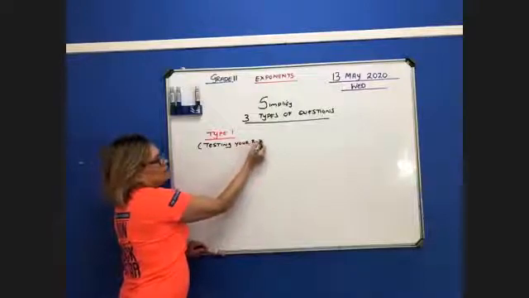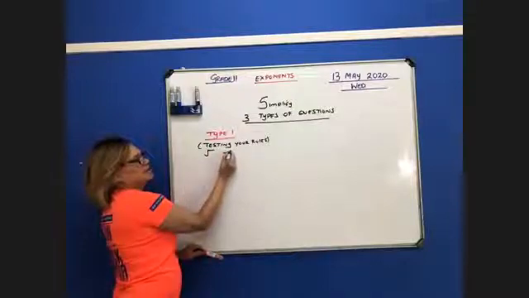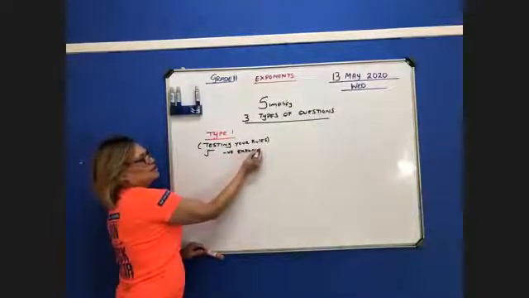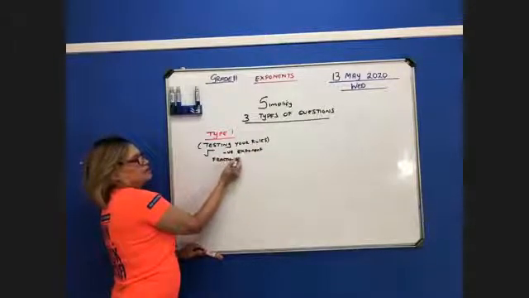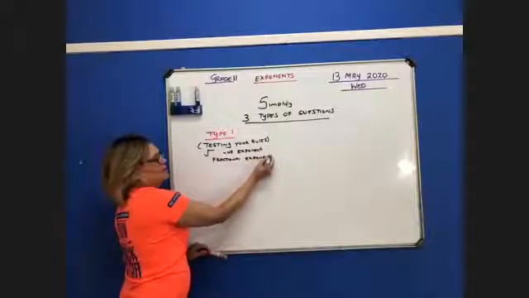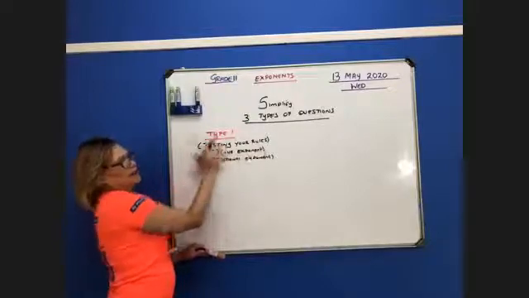In a type 1 question, you're going to see square roots. You're going to see negative exponents. You're going to see fractional exponents. Okay, someone's banging on the door. Okay, so you're going to see these type of questions in type 1.